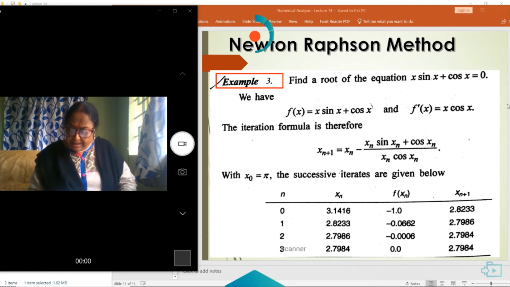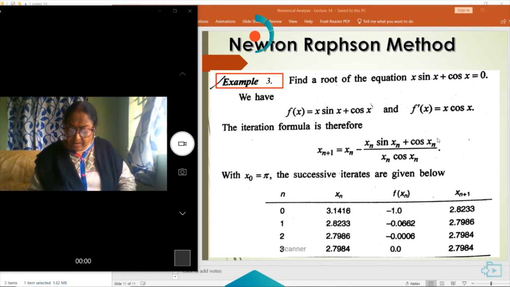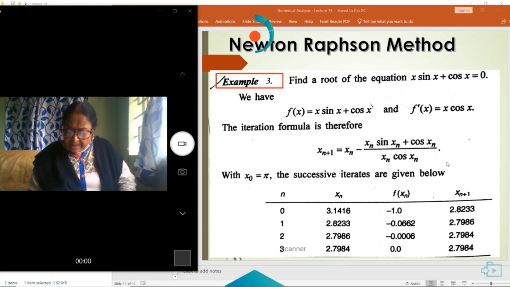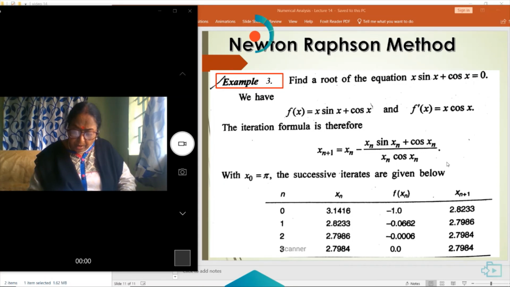Replacing this value in the xn column, second row, we get fxn, and xn plus 1 is 2.7986.